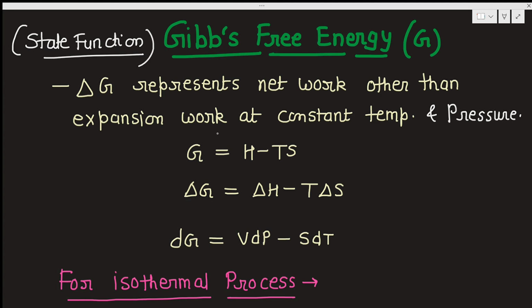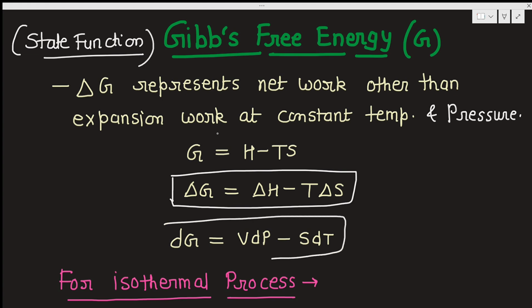So del G will be equal to del H minus T del S. This formula is used in most cases. Or if you use the differential formula, dG is equal to VdP minus SdT, from where you can find different relationships.